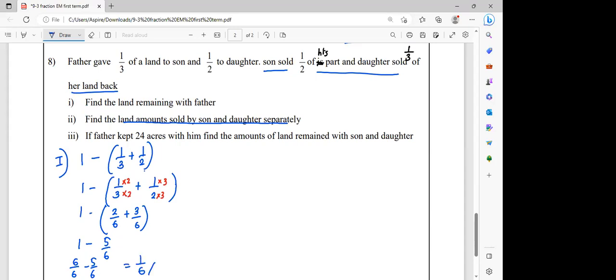Then here we obtain the answer as 1/6. The amount that is remaining with the father is 1/6.